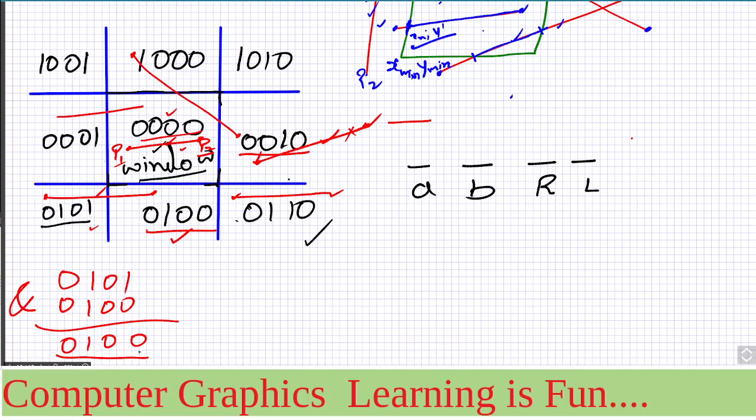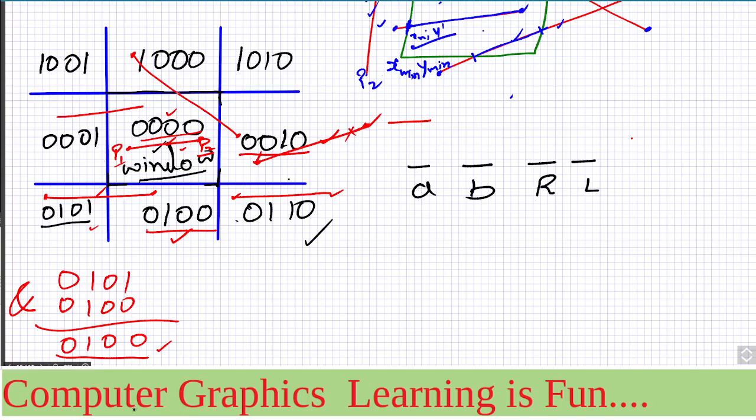So having this information, is it helpful in any way? Otherwise it will not pass through the window.